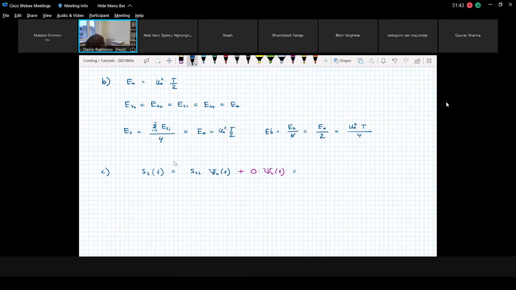We can write it as inner product between 2 vectors, between vector which contains scalar S11 and 0, times vector which contains 2 basis functions. We can represent it in this way.